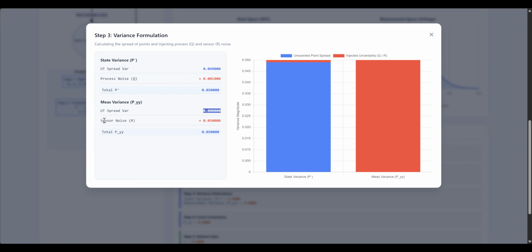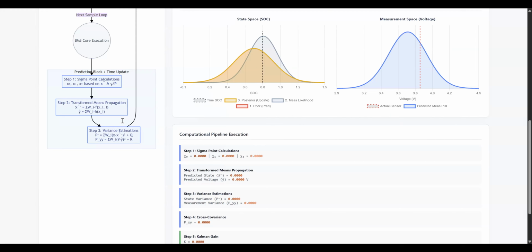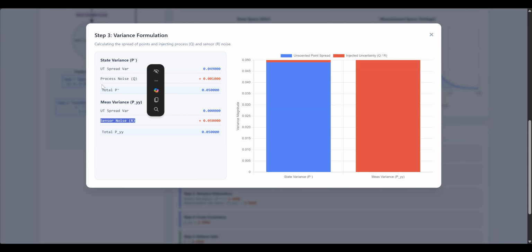Based on the process noise or sensor noise, in the case of measurement we consider the sensor noise, and in the case of states we consider the process noise. So this is inherent to the system and this is inherent to the measurement instrument.